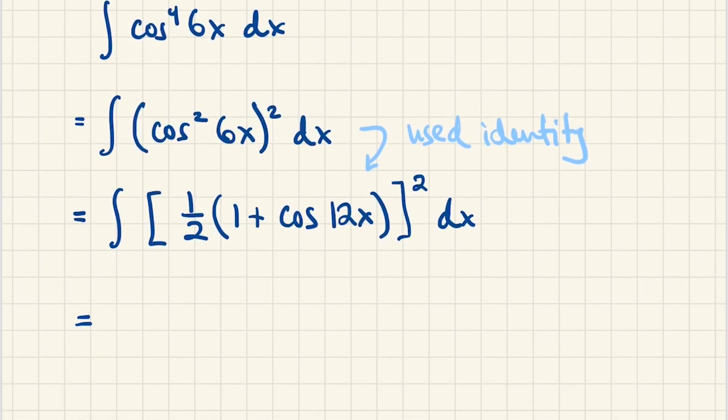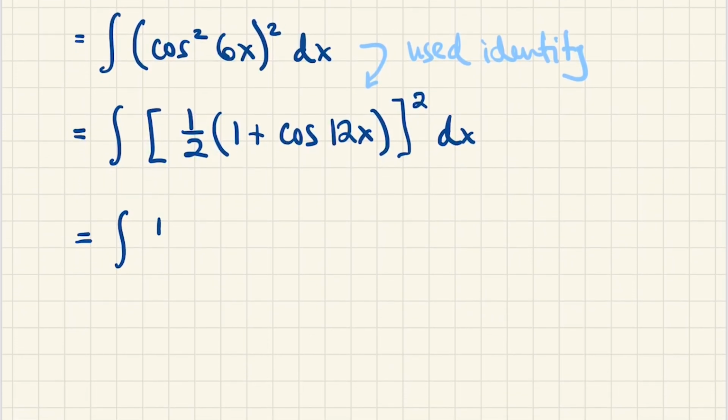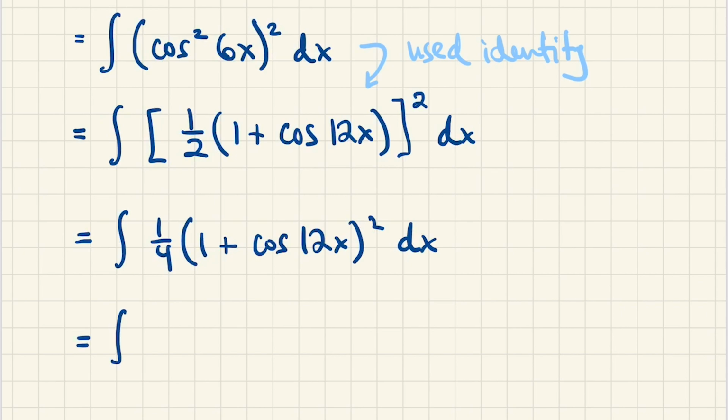Okay, let's clean this up a little bit. We have 1/4, because that's 1/2 being squared, and then 1 plus cosine of 12x being squared. So, of course, we're going to have to FOIL out this binomial. So we're going to get 1/4 times 1 plus 2 cosine of 12x plus the square of cosine of 12x.